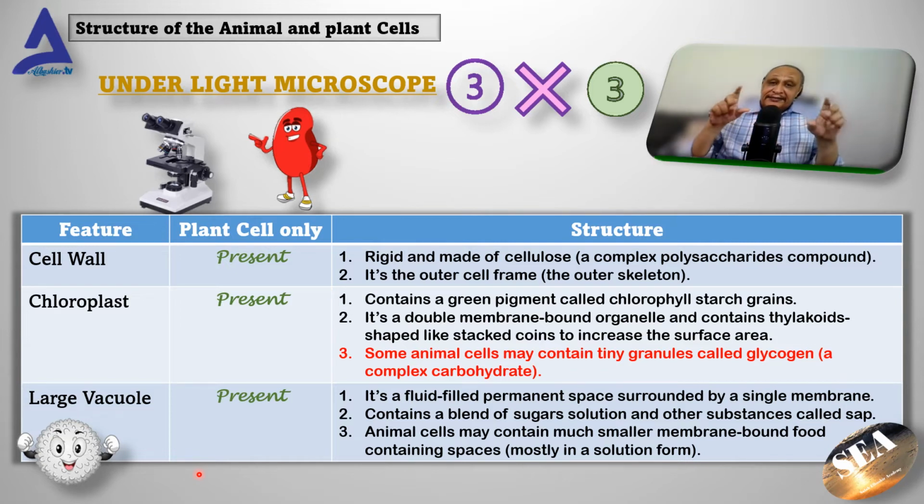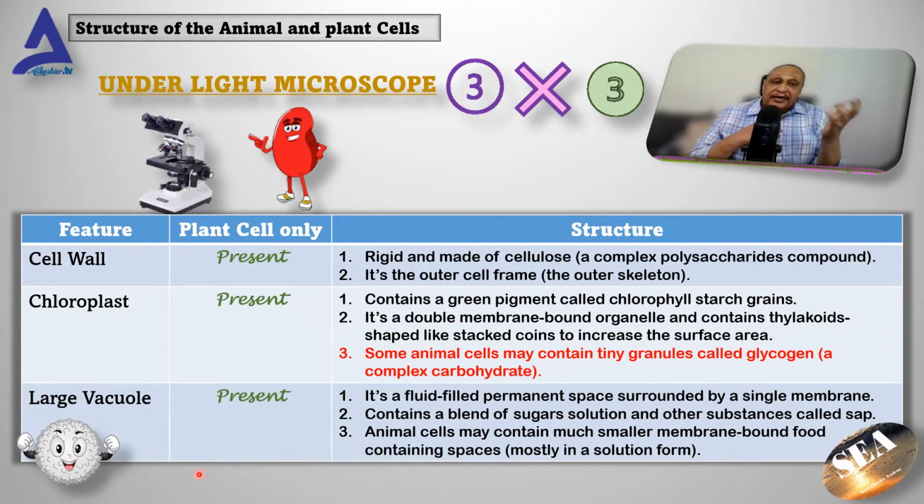It gives the cell a specific shape, and this is one of the differences between the plant cell and the animal cell: the plant cell has a specific, regular shape, while the animal cell has no regular shape.